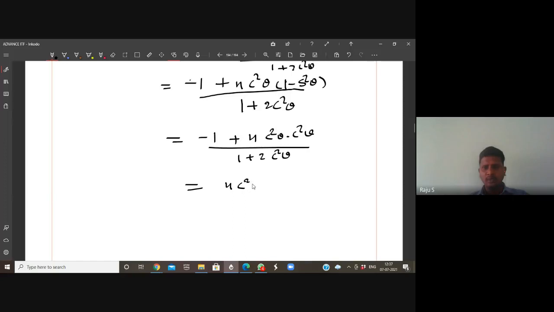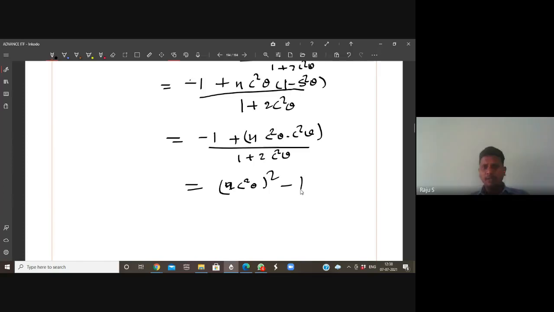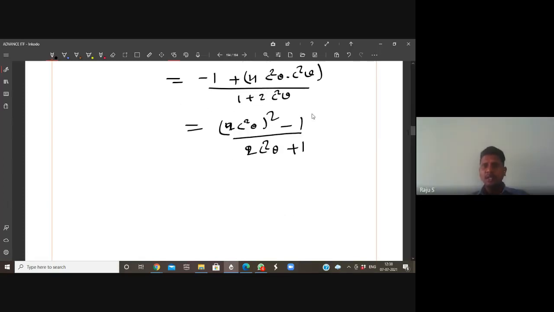Here 4 cos square theta, why don't we write 2 cos square theta whole square? Yes, sir. Minus 1 by 2 cos square theta plus 1. In the numerator, shall I write like this?